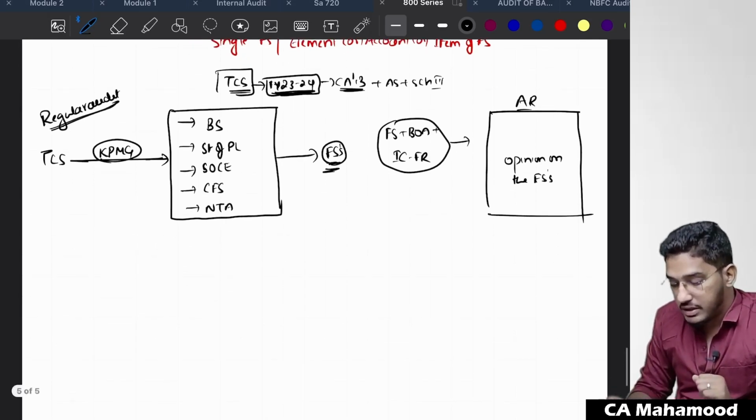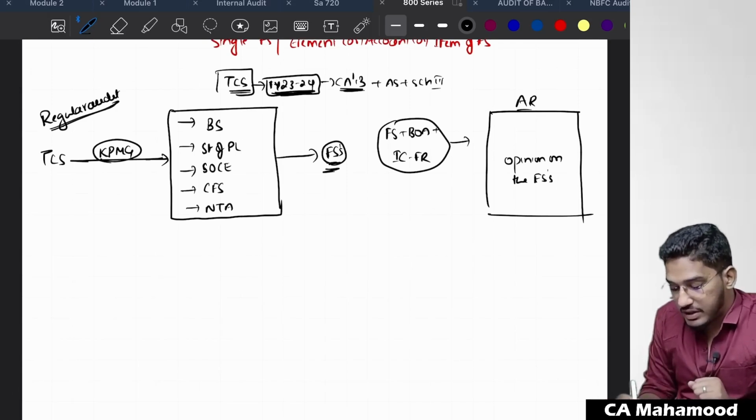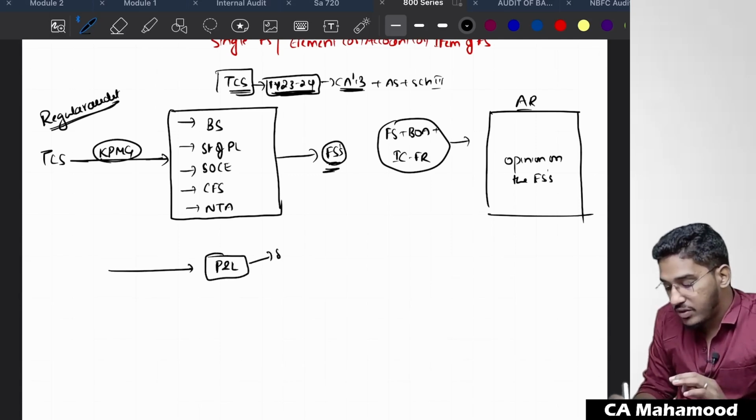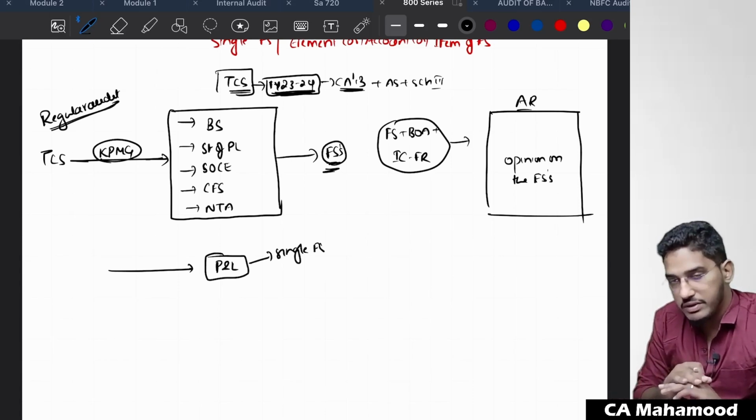Now, in this case, TCS is having one more requirement. They want only their P&L to be audited. TCS is expecting to appoint someone to conduct audit of only the statement of P&L. This is what we call audit of a single financial statement. That means TCS is normally getting the complete set of financial statements audited for the entire financial year.